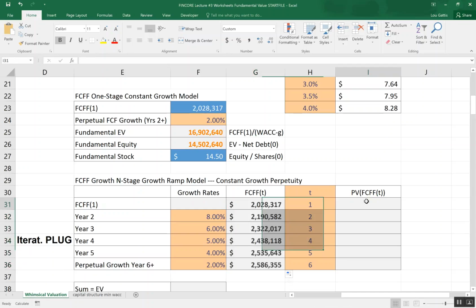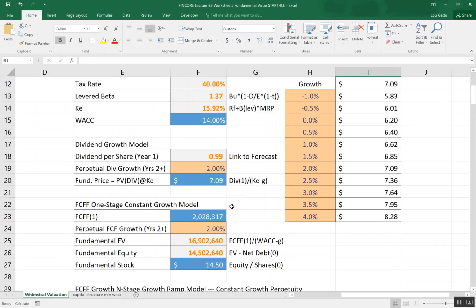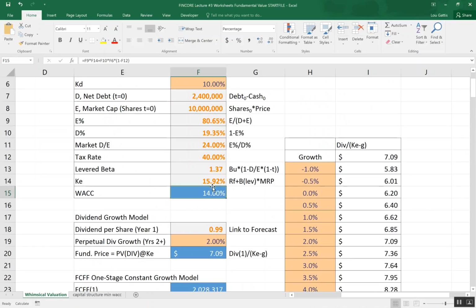I can then take the present value of all free cash flows discounted at WACC. I'm going to do myself a little favor here by using a named range. Let's call this cell, I'm in F15, come over to my cell reference. I'm going to call that WACC, and hit enter.